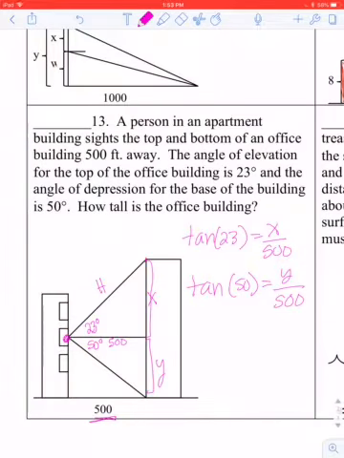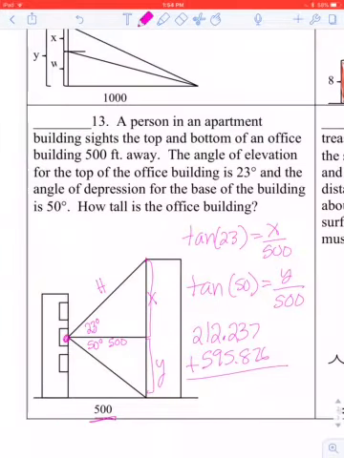So I can put them both in my calculator. 500 times tangent of 23. So that's 212.237. I'm just going to leave it in my calculator for now. And then add it to 500 times tangent of 50. And then that would be 595.876.